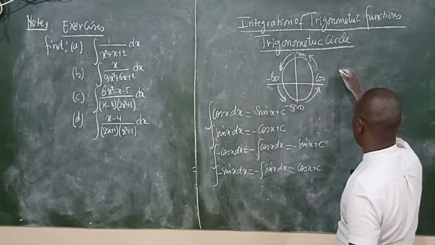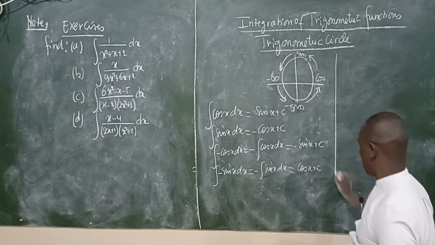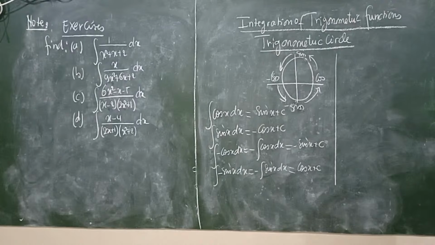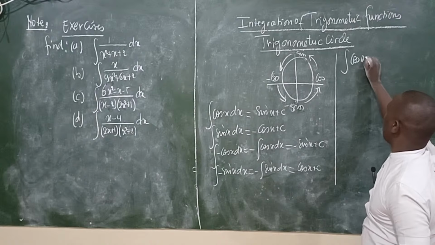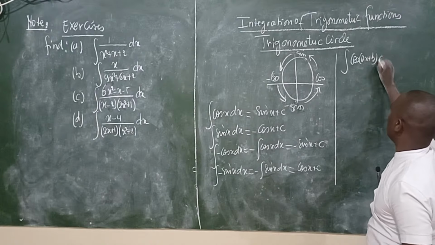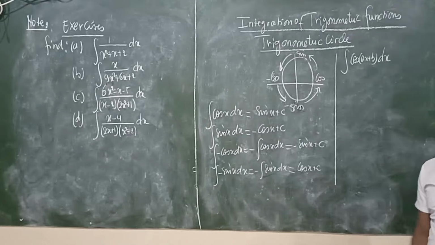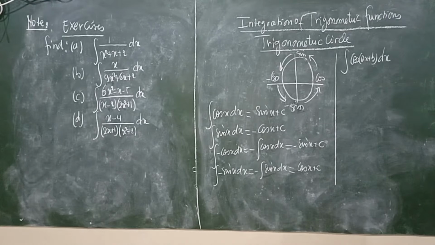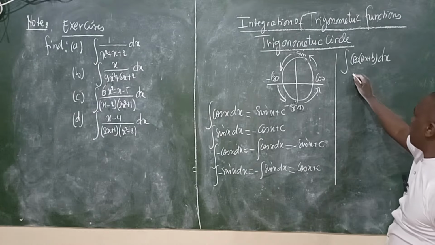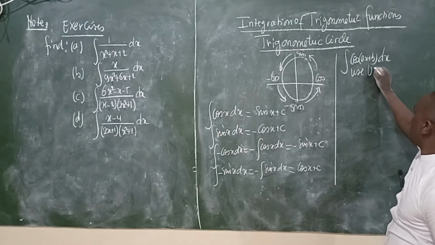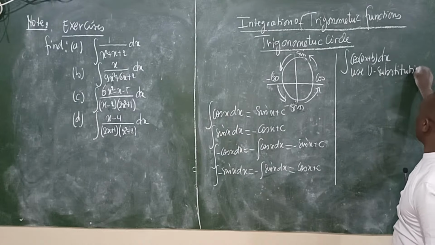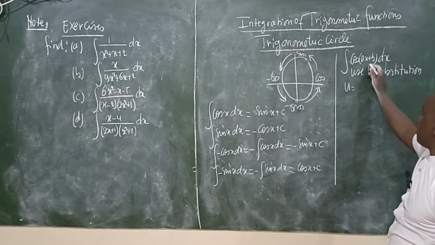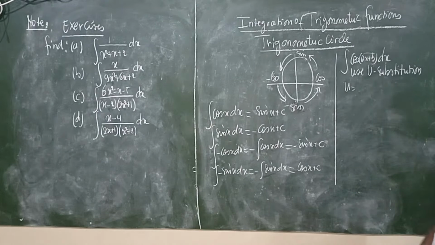Let's try to use integration by substitution on trigonometric functions. What is the integral of cosine of ax plus b dx? When dealing with integrals of this kind, what do I do? I can use substitution, where u can be the stuff inside the cosine.